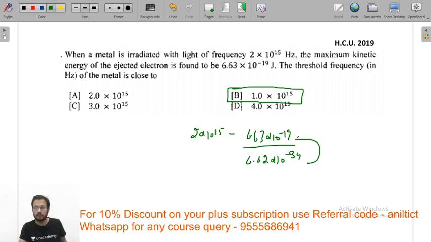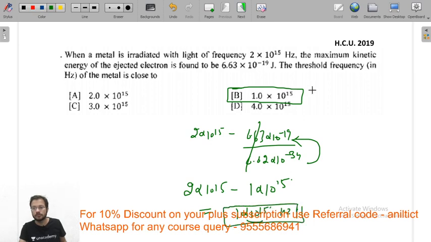Whenever you simplify, 2 into 10 to the power 15 minus 1 into 10 to the power 15 comes out to be 1 into 10 to the power 15 Hertz, and your answer is B.